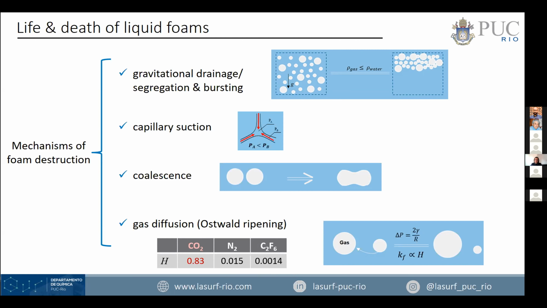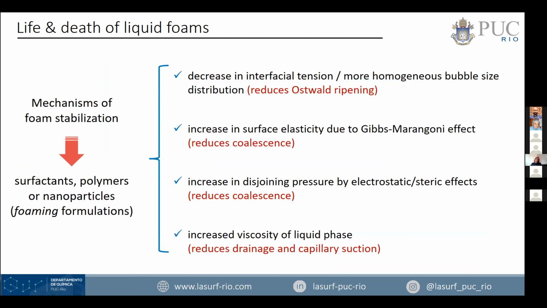The diffusion is much slower, but you see that for CO2 it has a much higher value, and that means that CO2 foams experience a lot of Ostwald ripening, and that's the major cause of destabilization in this type of foams. Then how do we arrest this mechanism?